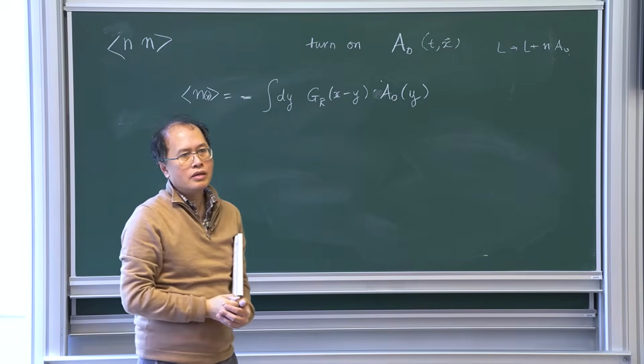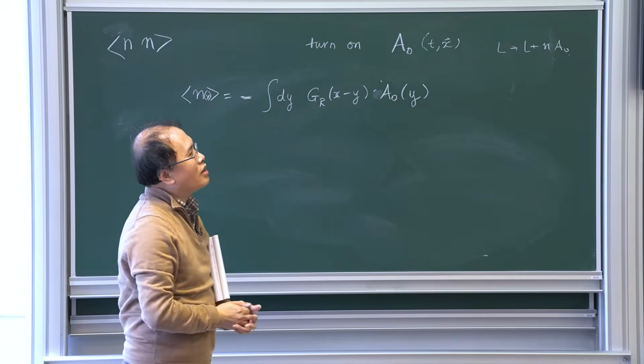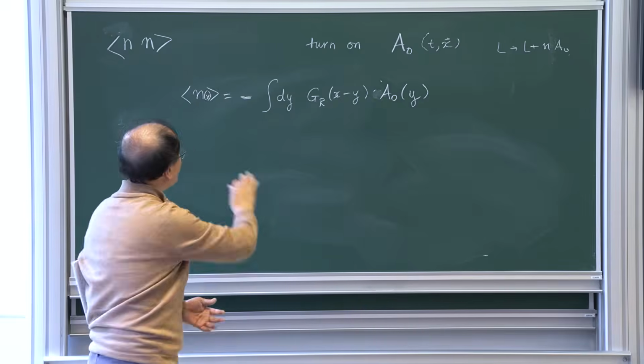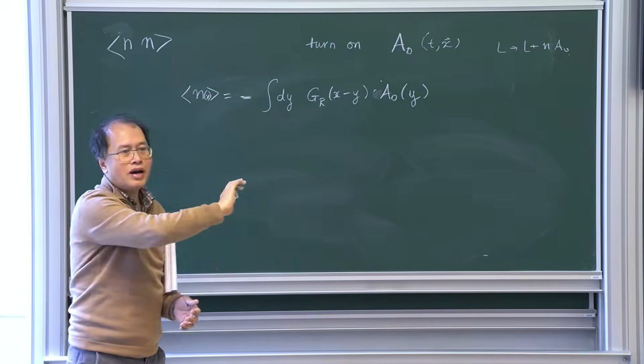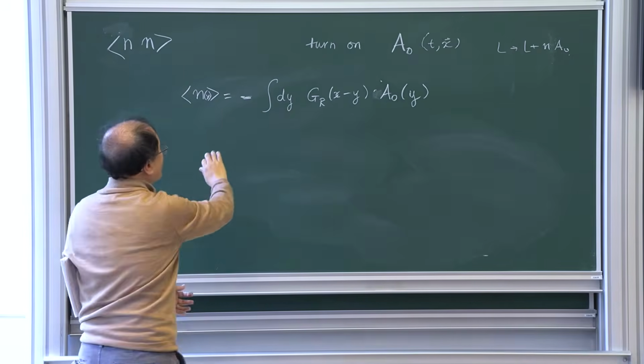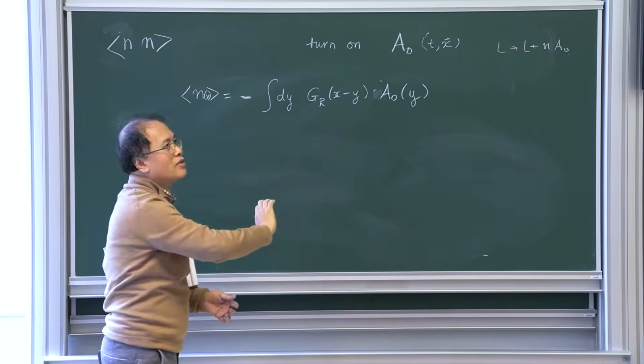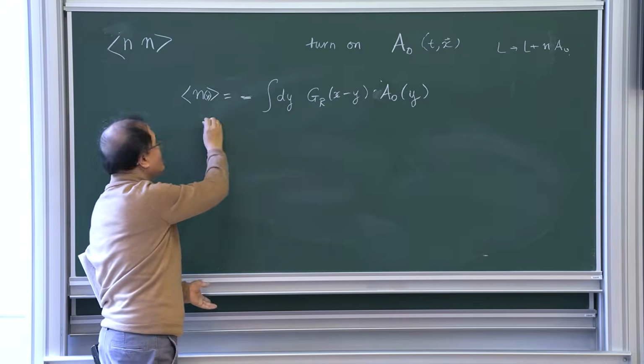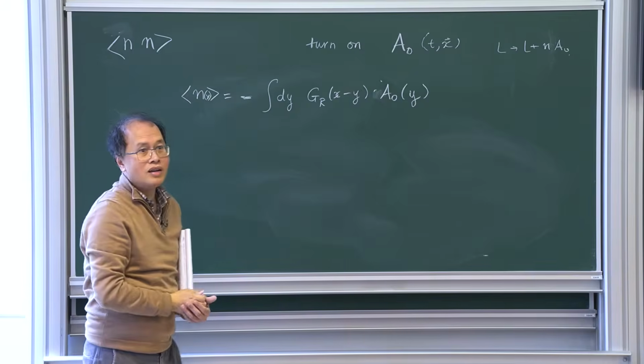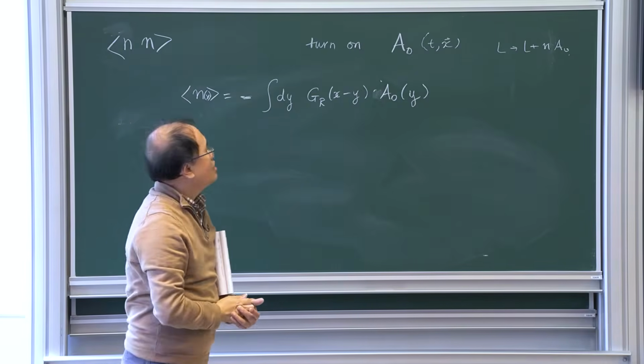According to Landau's theory, when we use Landau Fermi liquid theory to compute n, these n's have to be identified with the integral of f over p.